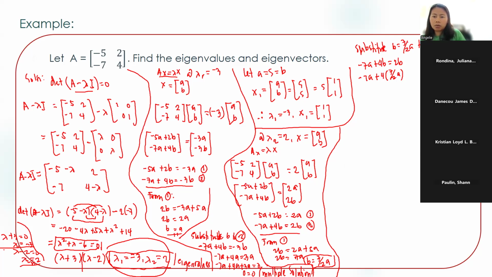Replace b with this. This is equal to 2. Again, your b is 7 over 2a. Right? Now, let's compute. We have negative 7a plus, what is this?